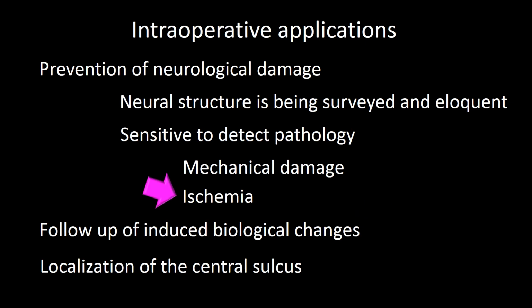Surgeries that require middle cerebral artery clamping or surgery of the aorta are likely to produce cerebral ischemia. The degree and duration of the ischemia needs to be monitored to prevent neurological damage.